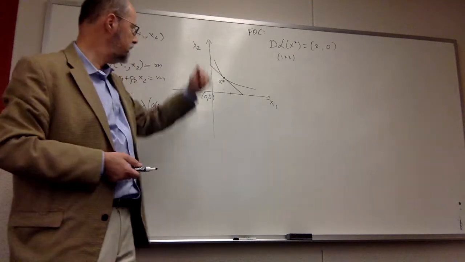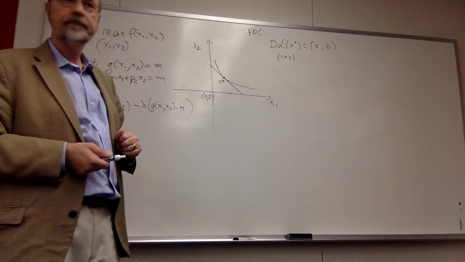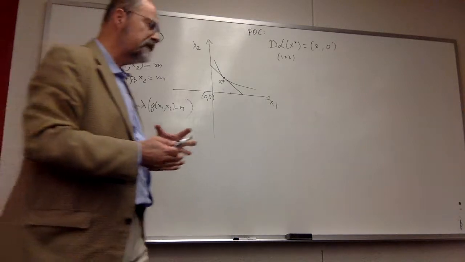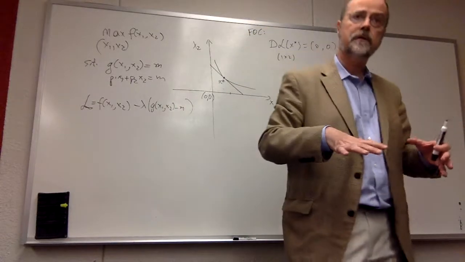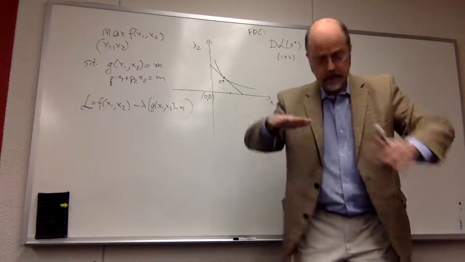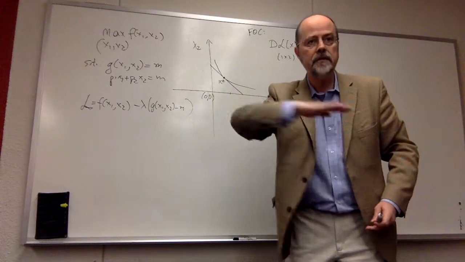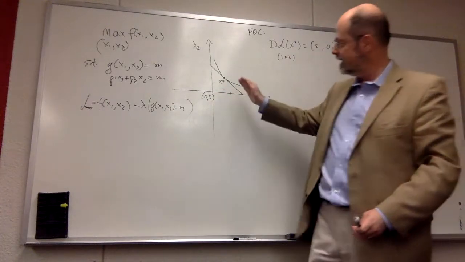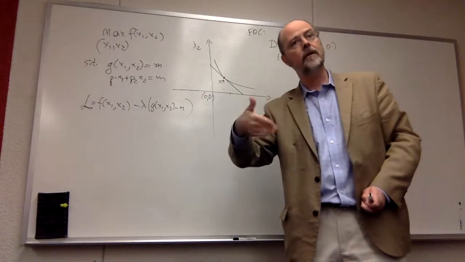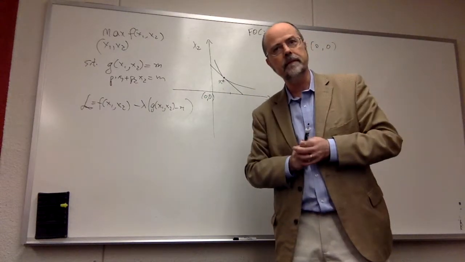So it says these two are tangent. This is the analog of the previous case without a constraint, where I was at the top of the hill and the plane tangent to the graph of the function was horizontal. Now you want to think of the tangency as the analogous geometrical interpretation.